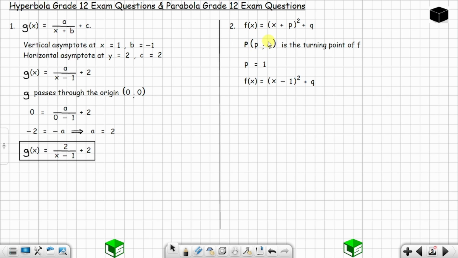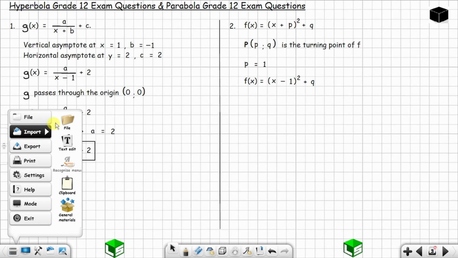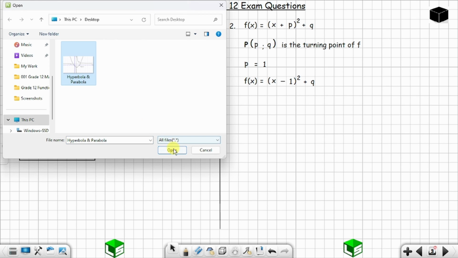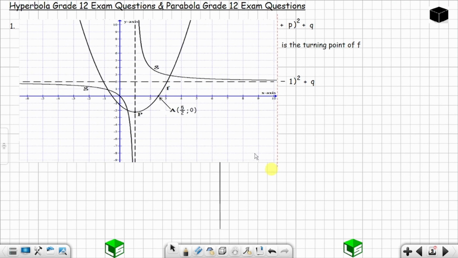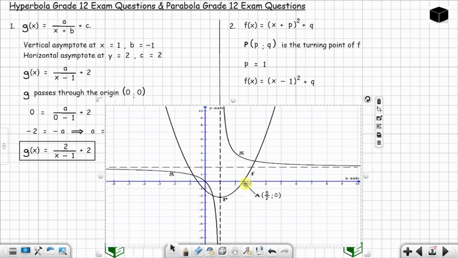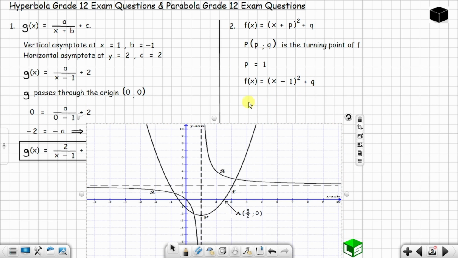The question is asking for the coordinate of this point P. How can we get the value of q? You can see from the graph of the parabola, you are given a point which is on the parabola. You can use this point to solve for q. So you have the point A with this coordinate.